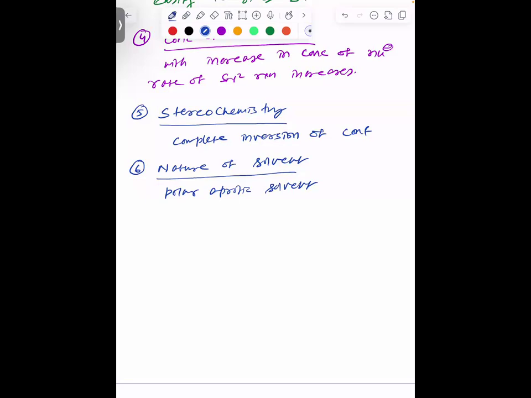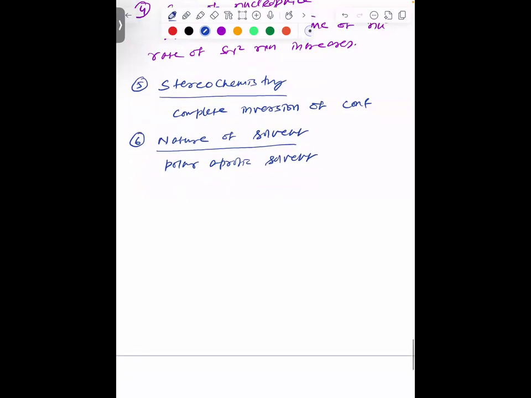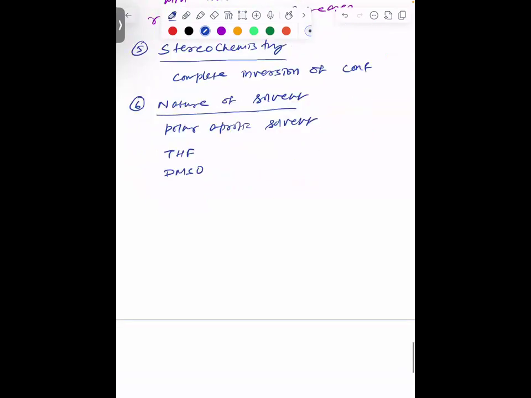Polar aprotic solvents we discuss are THF tetrahydrofuran, DMSO dimethyl sulfoxide, and acetone also. Acetone is polar because it has a carbon oxygen double bond, but it is aprotic because it cannot release a proton. So that was nature of the solvent.